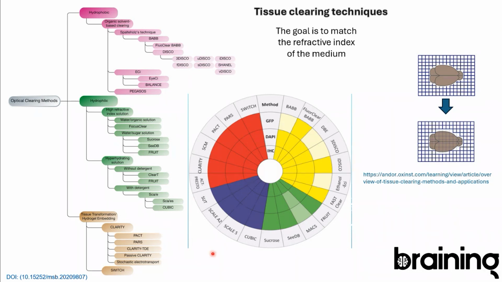You see here this interesting publication where several methods have been compared, and depending on the method you use, you can expect different levels of compatibility with different techniques in terms of histology, analyzing specific tracers or fluorophores.